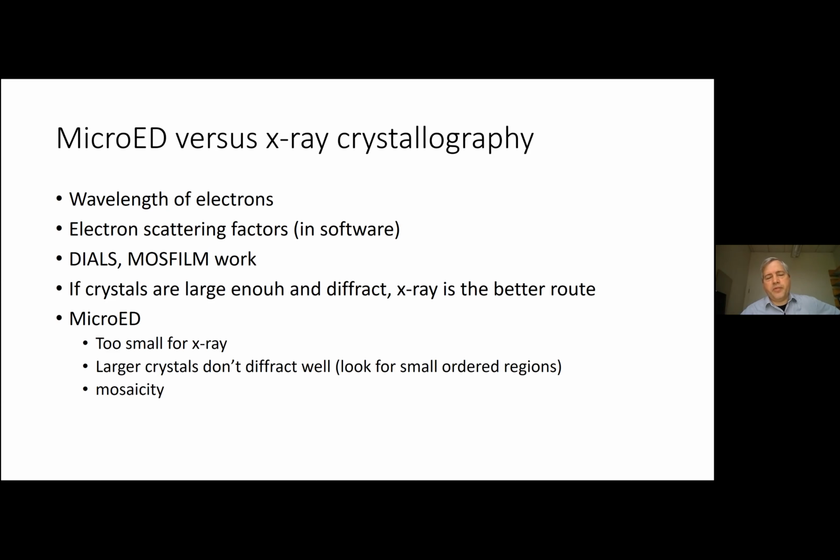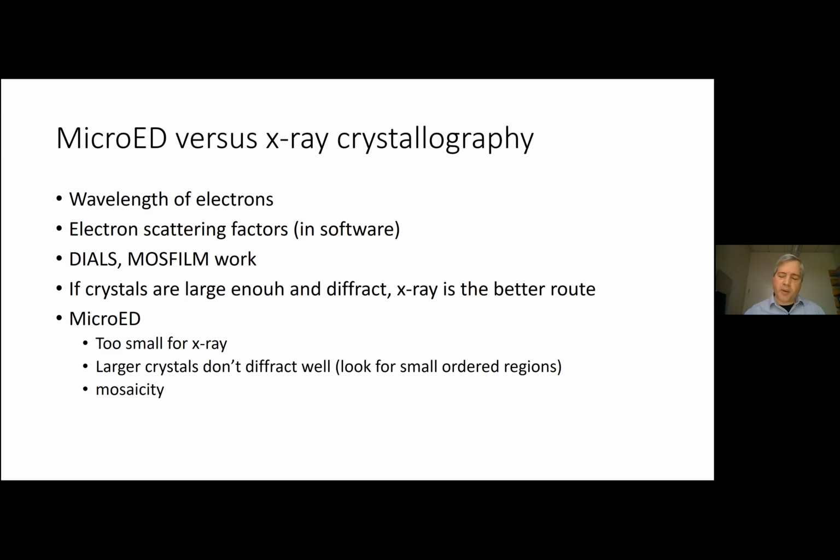If you have large crystals that are large enough for X-ray diffraction and they diffract well, you might as well collect by X-ray because there'd be no reason not to, if you're getting 2 angstrom or 3 angstrom diffraction. If you have tiny crystals that are too small, or large crystals that don't diffract well, but you can perhaps look for small ordered regions, where there's a lot of mosaicity so they won't be good for 3D of the whole thing, but you could break off a little piece of it, then definitely MicroED would be good.